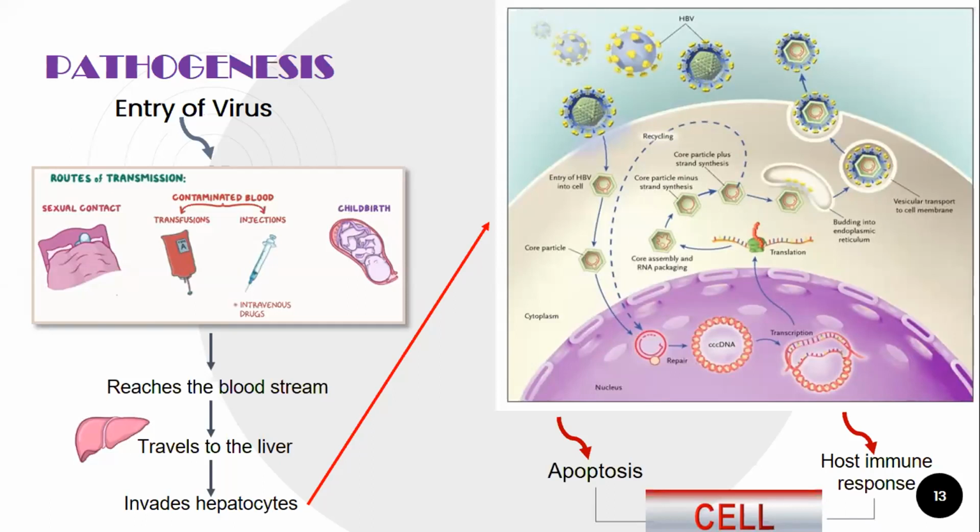A cascade of immune-associated responses could occur, and this would eventually lead to cell death as well. Because both apoptosis and the host immune response lead to cell death, this is one of the reasons why we can say that acute hepatitis B infection is self-limiting, because when the cells die, the virus will not be able to replicate and further expand its infection within the liver. Next slide, please.